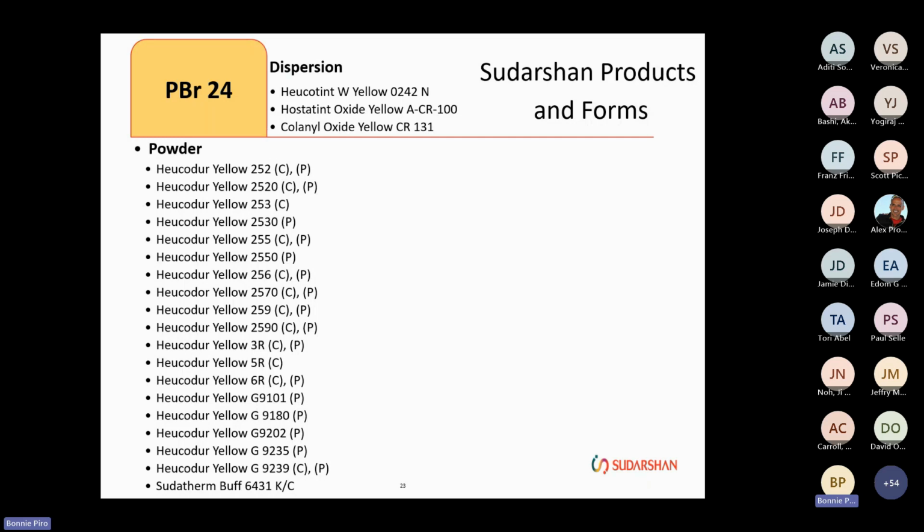As I mentioned earlier, this is the highest volume of CICP, and this is an example of that. There's a lot of products available, a lot of color spaces that are filled. In this particular case, we also have some liquid versions to support the coatings area. So a lot of options to meet your needs.